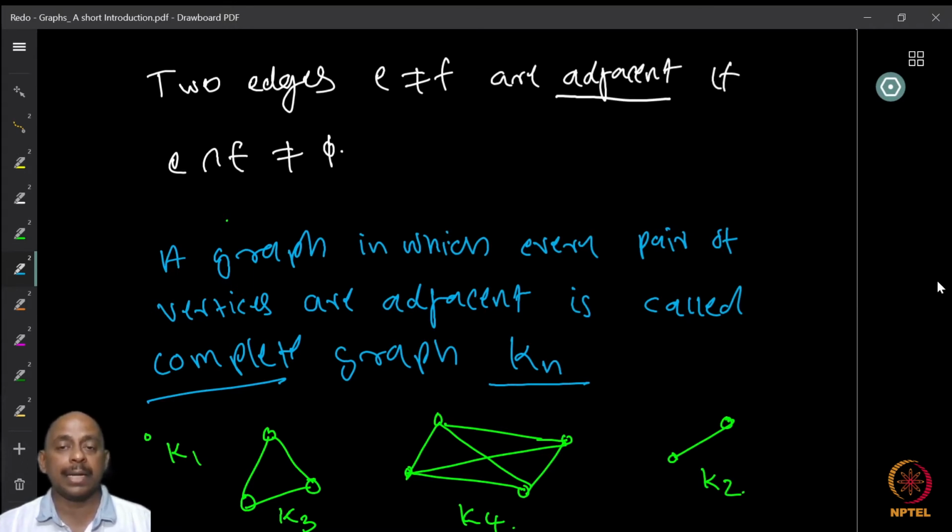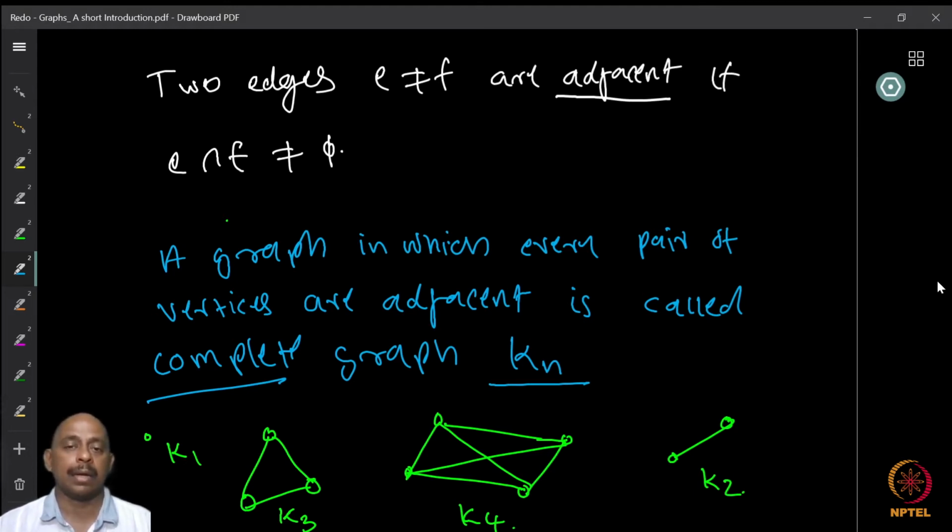Now, we say that two edges are adjacent. Two distinct edges are said to be adjacent if they have non-empty intersection. So since the edges are distinct, we say that they are adjacent if they have at least a common vertex.